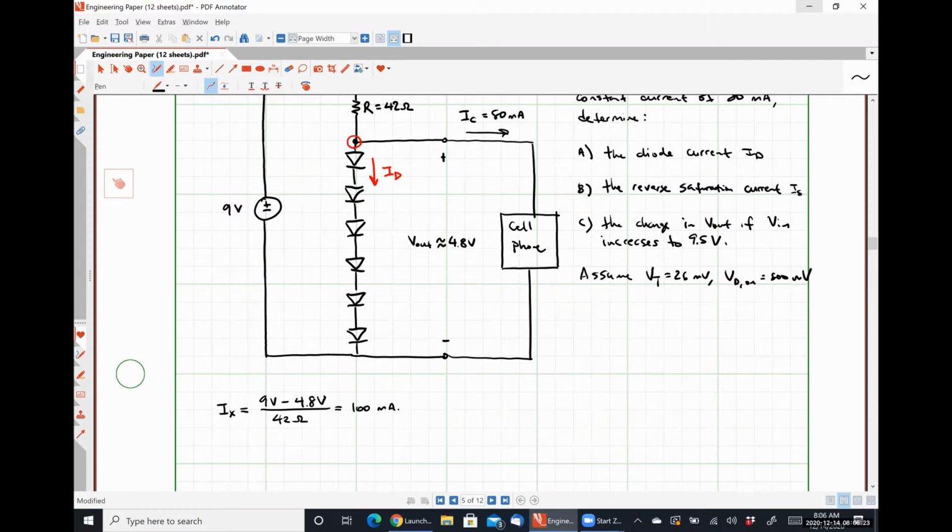So using this, our diode current, ID, is simply IX minus IC. 100 milliamps minus our charging current of 80 milliamps gives us a diode current of 20 milliamps. So that same current flows through all 6 of these diodes in series. So here is our work for part A.